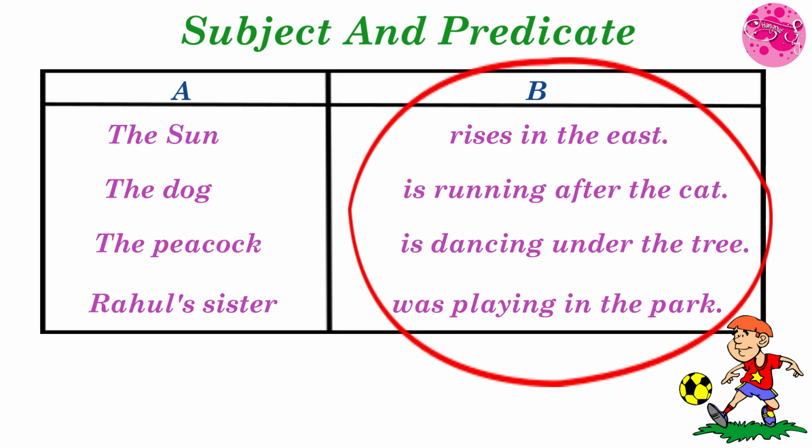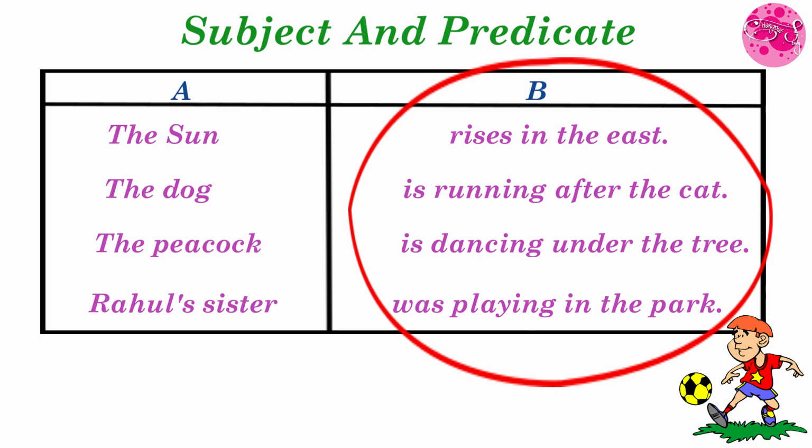Okay, children? Now just look at part B. It contains some statement about the subject. It tells something about the subject. That is, where the sun rises: in the east. What is the dog doing? The dog is running after the cat. What is the peacock doing? The peacock is dancing under the tree. What is Rahul's sister doing?